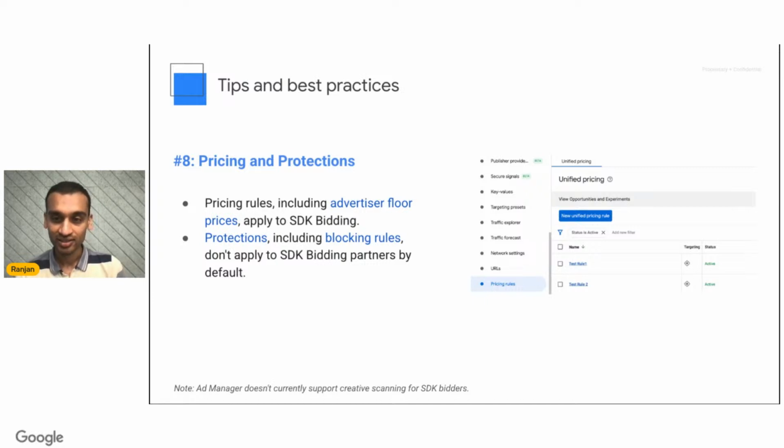Ad Manager doesn't currently support creative scanning for SDK bidders, but we expect to support this soon. And in the future, network policies and protections will be turned off by default, but publishers, both in Ad Manager and AdMob, can turn these on by SDK Bidder.